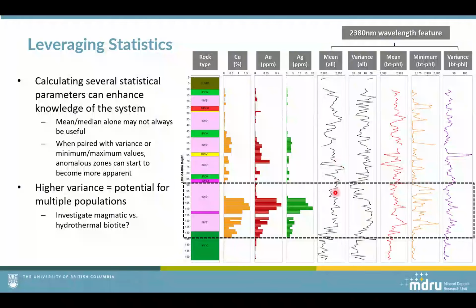You don't really see much in the way of variation in the mean, but when you look at the variance in the unfiltered value, there's actually a change as you come in and out of that high grade zone. And when you filter this data, you start to see the same variations in the variance, although a little bit more subtle. But you also see a kick in the minimum values, which shows that there's a shift to higher wavelength positions in this copper-rich domain.